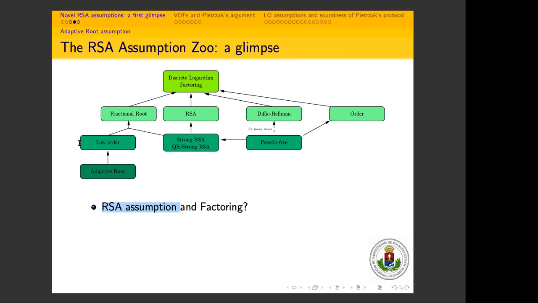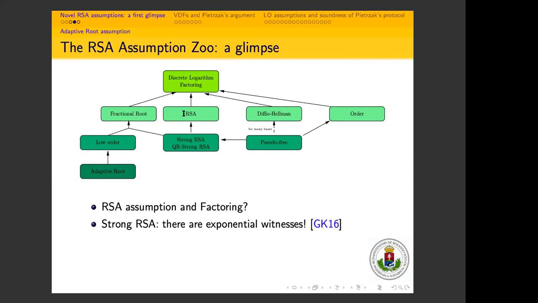And yeah, we have these new animals in this zoo. First of all, I really like this paper, a position paper on cryptographic assumptions by Goldwasser and Kalai. You should read it whenever you want to work with cryptographic assumptions. They argue what is a nice cryptographic assumption and what is not. The RSA assumption, if you're not familiar with it, says that given a public key and a public exponent E, it is hard to compute the E-th root.